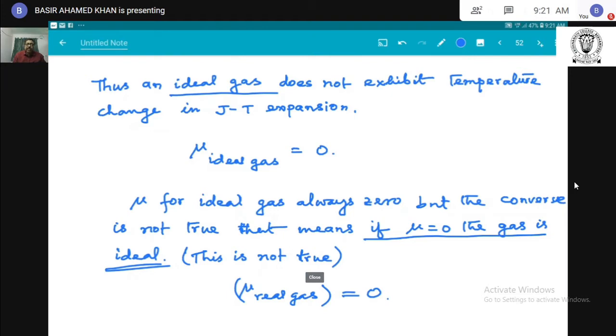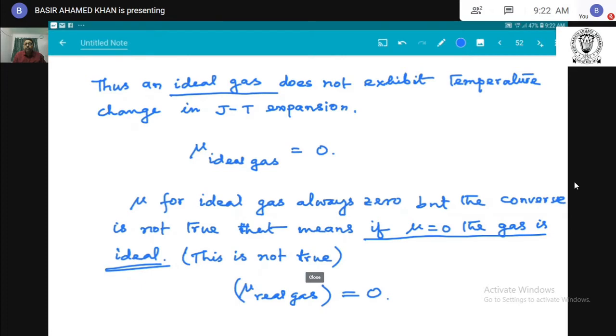But for ideal gas mu is always 0. I repeat the point again: mu is always 0 for ideal gas, but mu equal to 0 does not mean the gas is ideal, because when the initial temperature of the gas in the JT porous plug experiment is equal to a certain temperature of this particular gas, then mu equals 0.